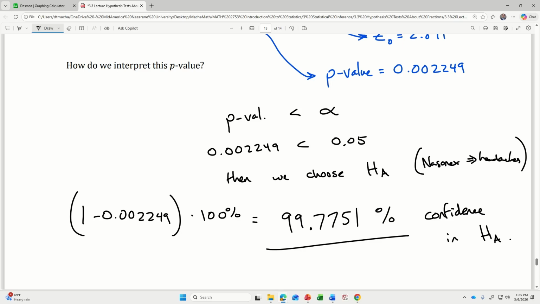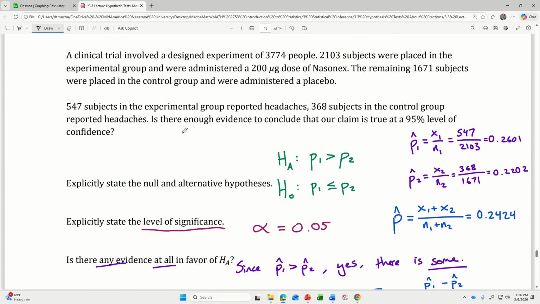You can be pretty sure about it. Yeah. I have a question. How did we find 0.05 for the level of significance? Is that just a standard, or is that just because it was 95? Exactly, you got it. It's because we had a 95% level of confidence.